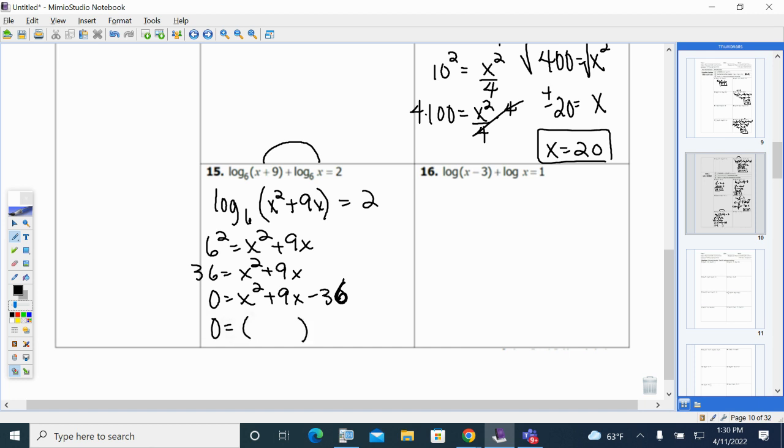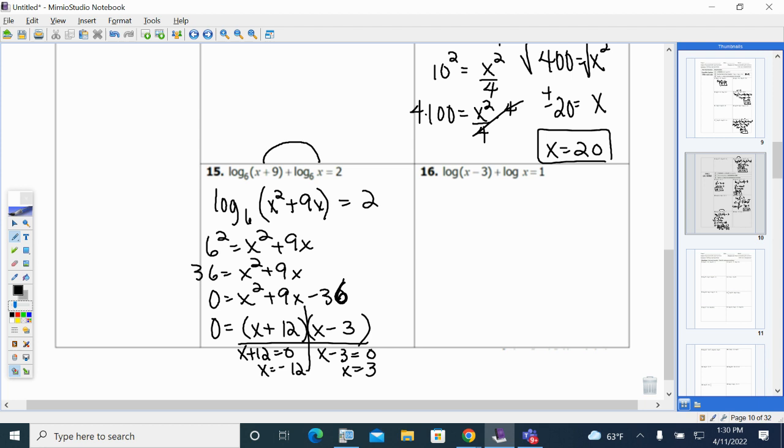Two numbers that multiply to give me negative 36, that add to give me a positive 9. 12 and negative 3. So a positive 12 and a negative 3. So that tells me that x can be a negative 12 or x can be a positive 3.